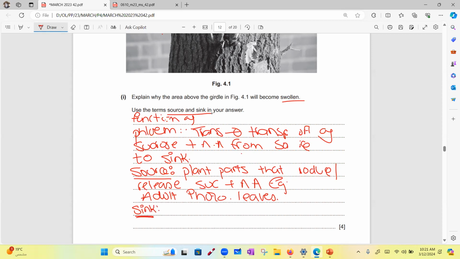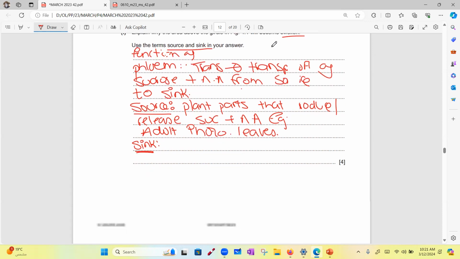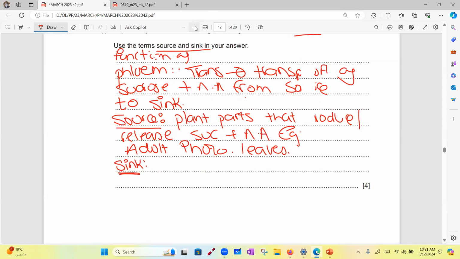Define the sink. What's the sink? Very good. It's the plant part that will receive or store the sucrose and amino acids. Example, roots or storage organs.